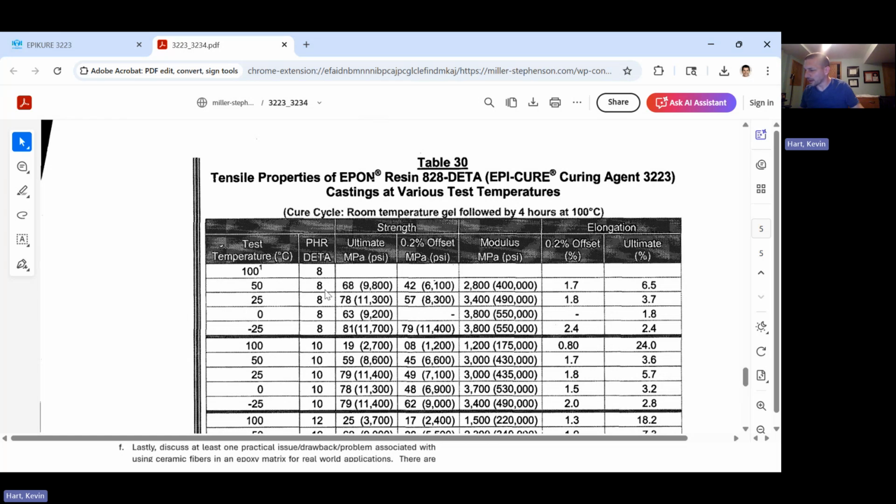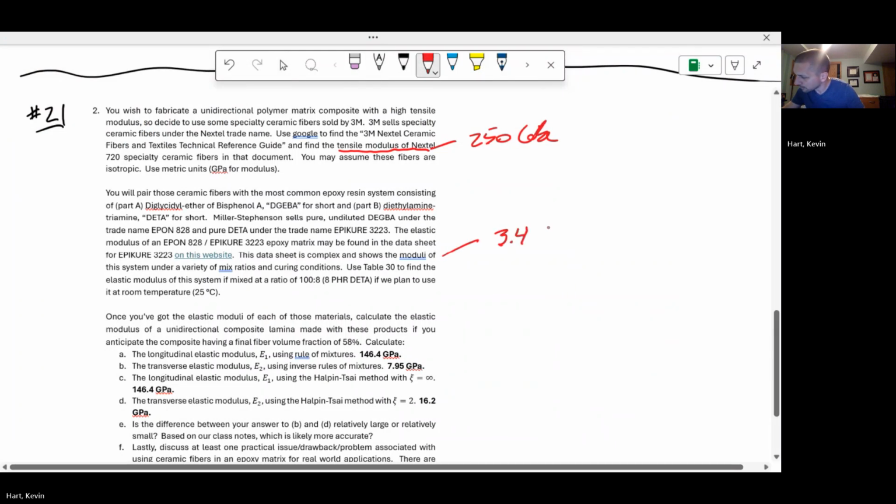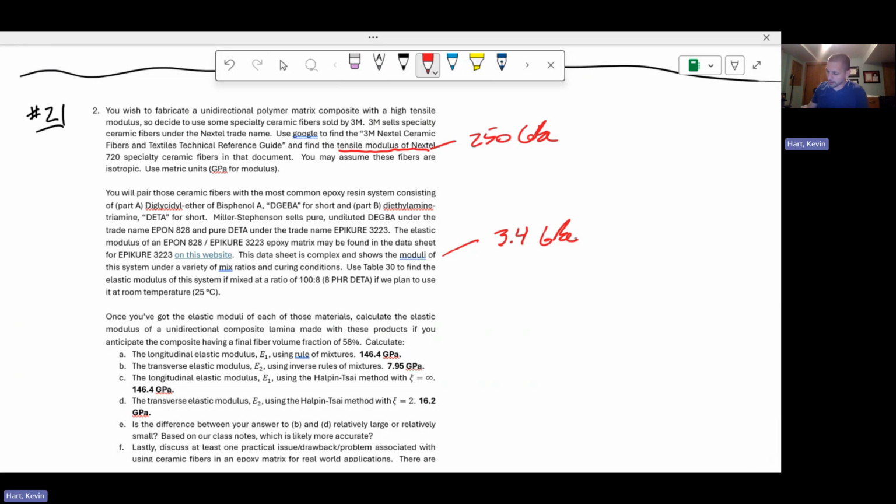So here's the 100 to 8 ratio. Here's 25 degrees. And so the modulus at 25 degrees is 3,400 MPa, which is 3.4 GPa. Okay, that's just using data sheets, right? Looking up values in these data sheets.